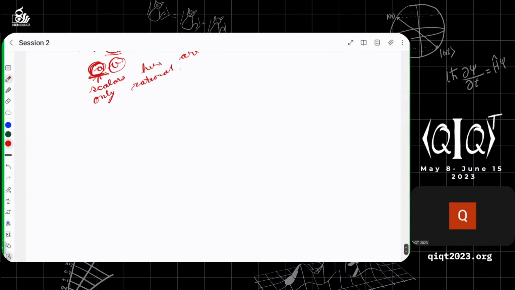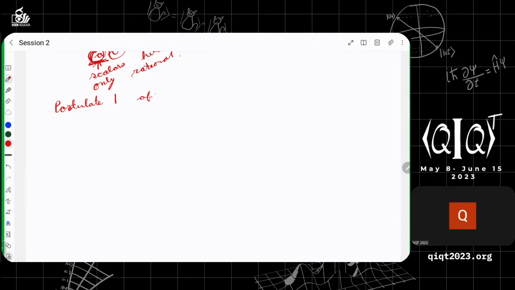Okay, so let's move on then. And now we are back to the good parts. So let's write down the first rule, or first postulate, of quantum mechanics. There are certain postulates which we assume to be true, and it has been found that assuming those postulates, you can explain all experimental results.